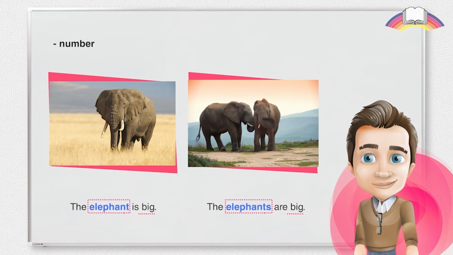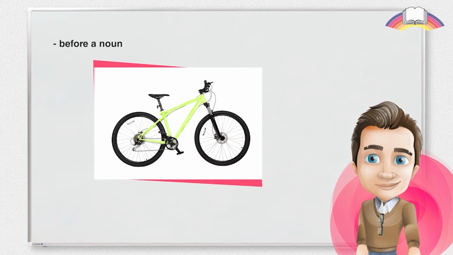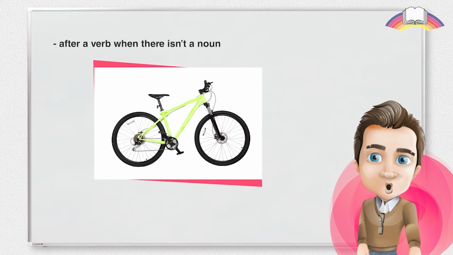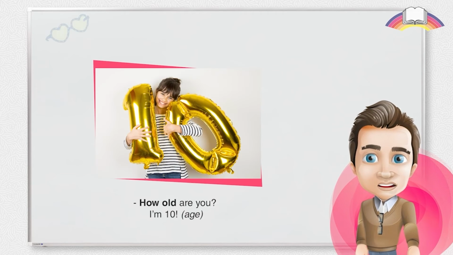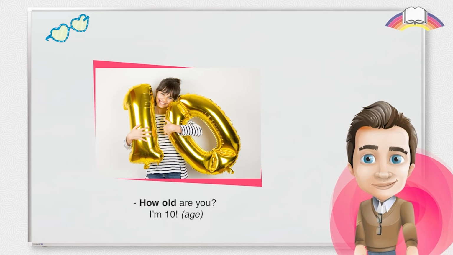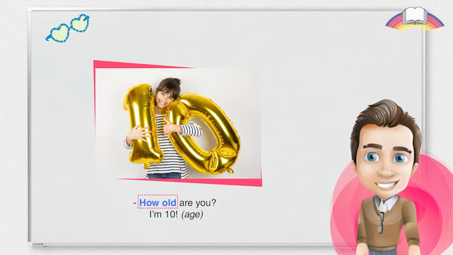The elephants are big. Adjectives go before a noun. This is a yellow bike. After a verb when there isn't a noun. This bike is yellow. Language awareness. When we want to ask for age, we use how old. How old are you? I'm 10.